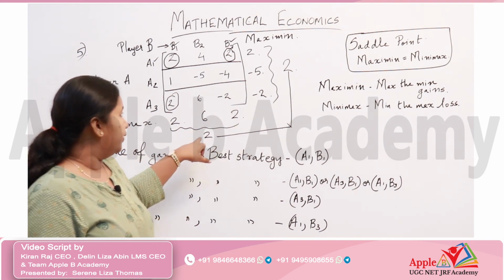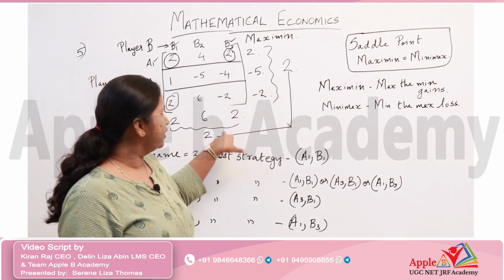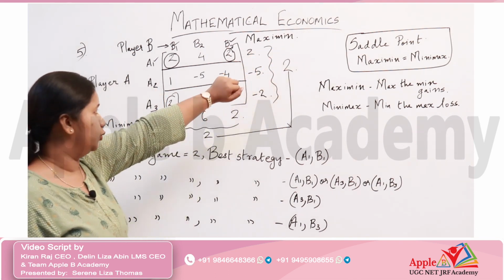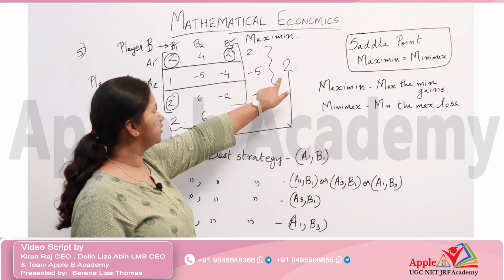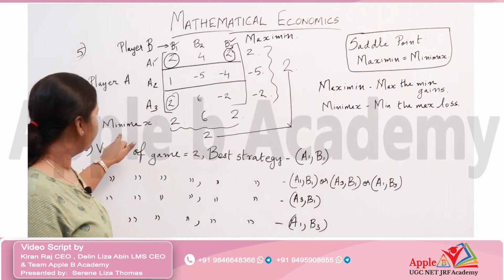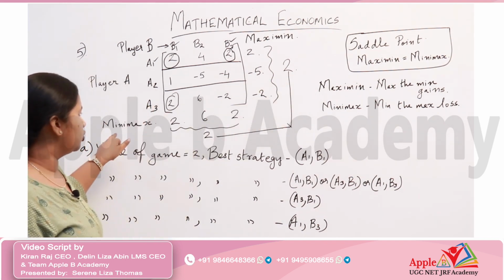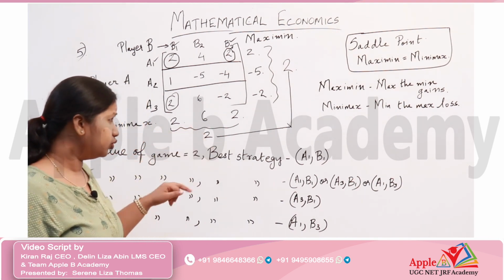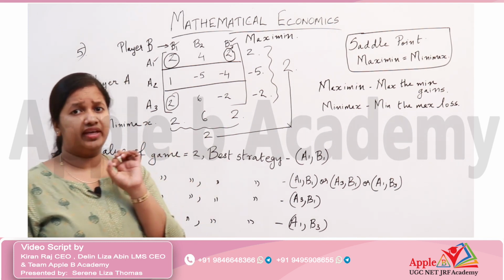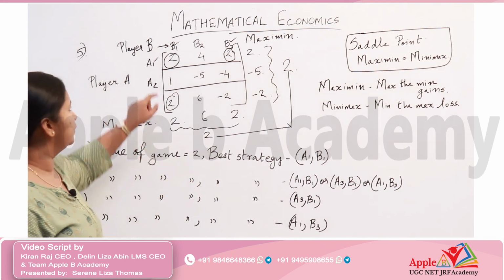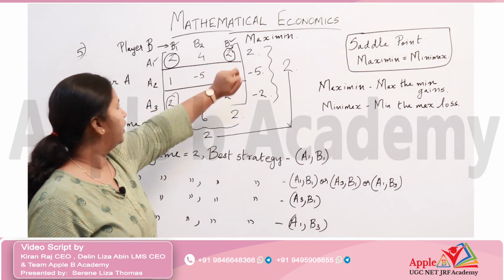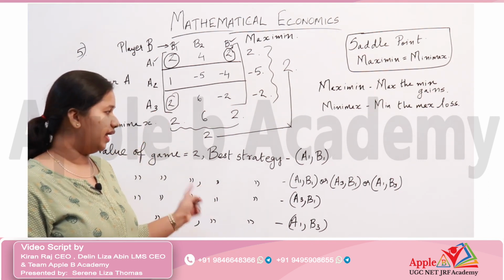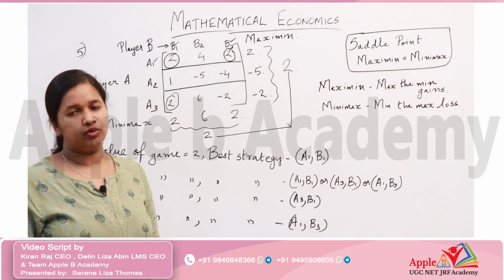The saddle point is 2, because taking the maximum of the row minimums we get 2, and taking the minimum of the column maximums we also get 2. So the saddle point is 2 and we have three best strategies here, which are A1 B1, A1 B3 and A3 B1. So the answer for this question is option 2.